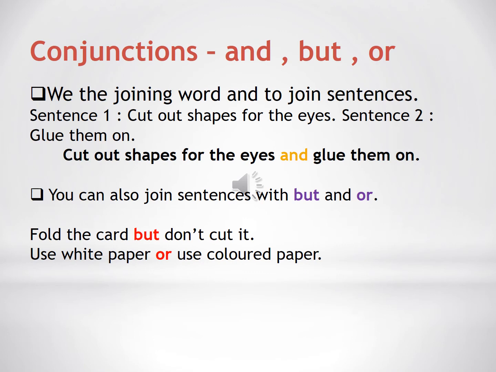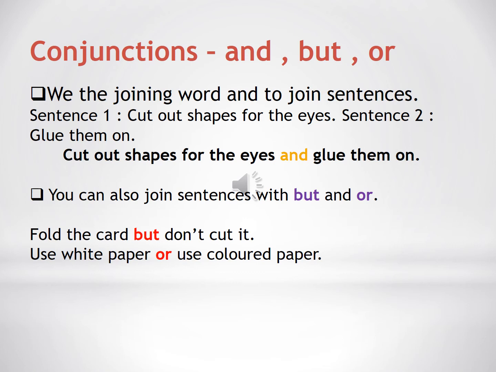Conjunctions: and, but, or. We use the joining word and to join sentences. Sentence 1: Cut out shapes for the eyes.